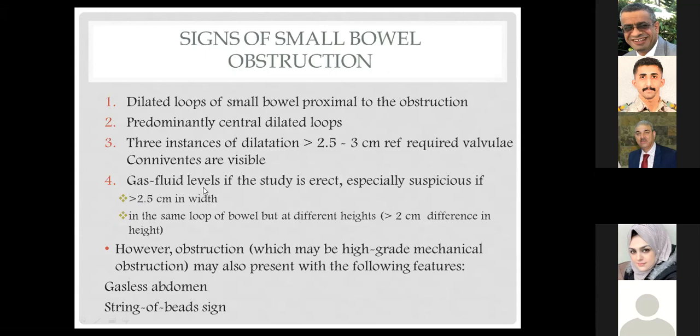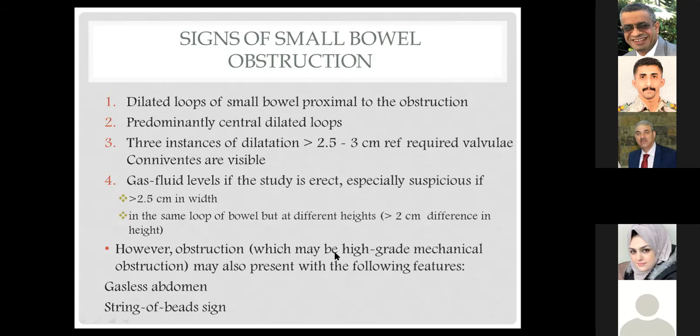Fourth, we have gas fluid levels if the study is in the erect position, especially suspicious if we have more than 2.5 centimeters in width in the same loop of small bowel, but at different heights, with more than 2 centimeters difference in height. However, this is not typical.